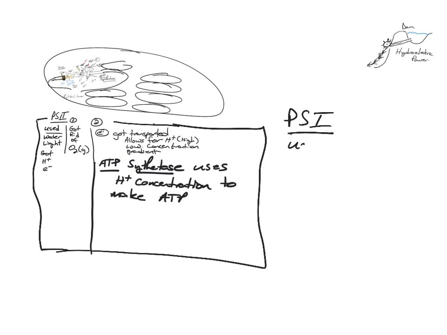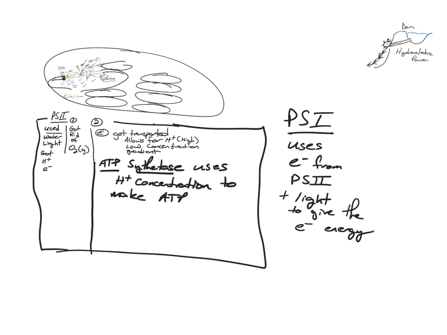The electrons from photosystem 2, right? It originally came from water. And it uses those electrons plus what? Light, a photon of light, to excite the electron and give it energy, so it has the ability to do work.